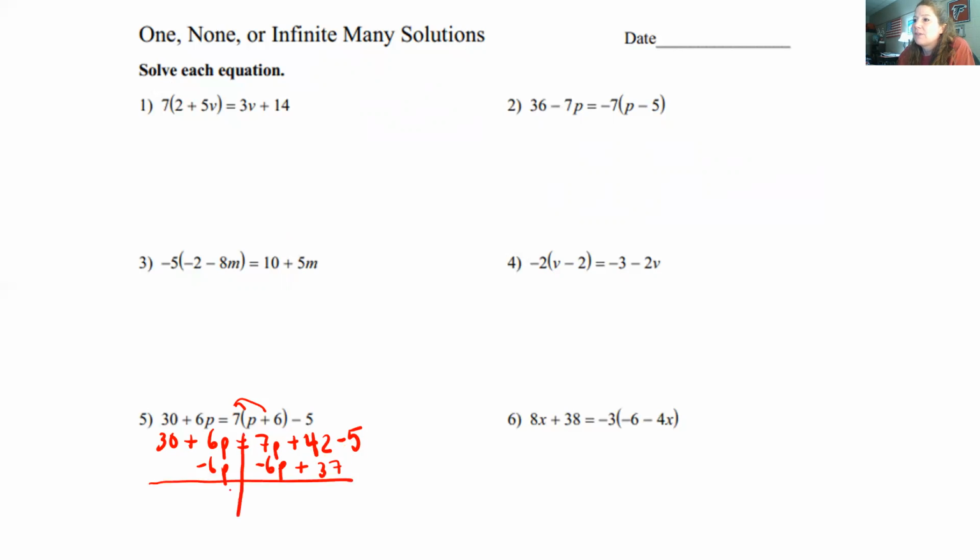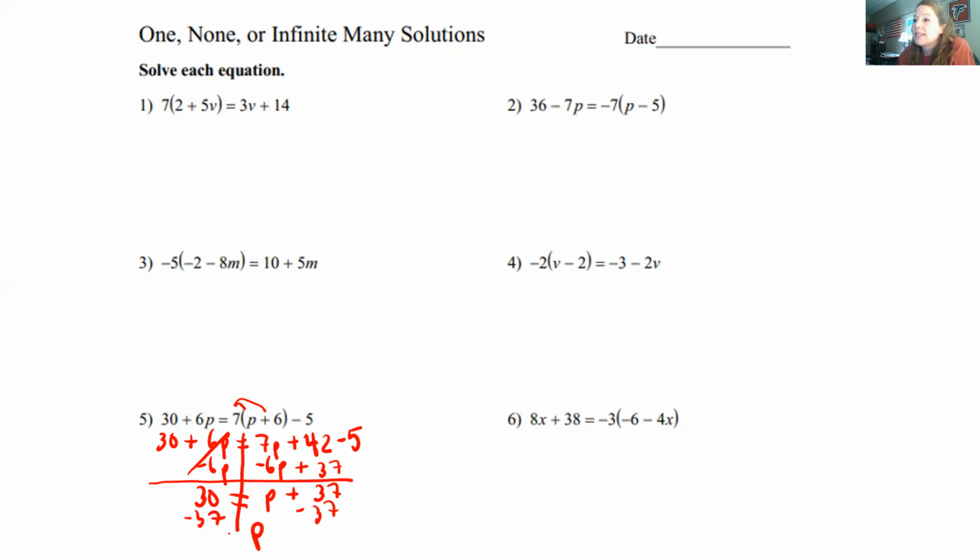All right, so what do we have? We're going to bring down. This is gone. We have 30 equals 7p minus 6p is 1p, and 1 times p is just p plus 37. I want to get rid of plus 37. I'm going to subtract 37 from both sides.